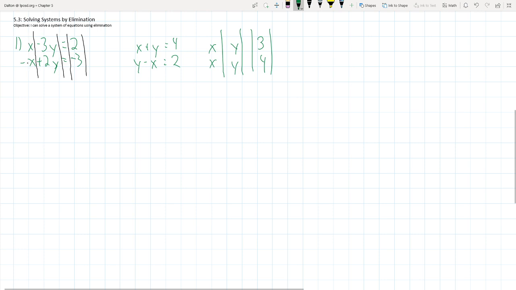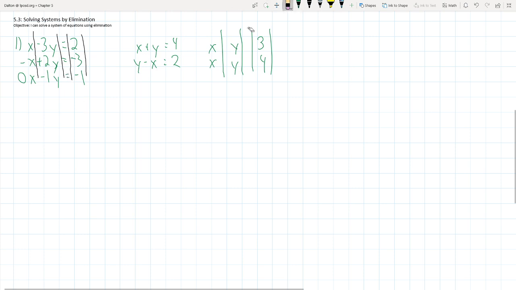So x plus negative x gives us 0x. Keeping everything in its own separate area, negative 3y plus 2y is negative 1y. 2 plus negative 3 is negative 1, and we still have that equal sign.